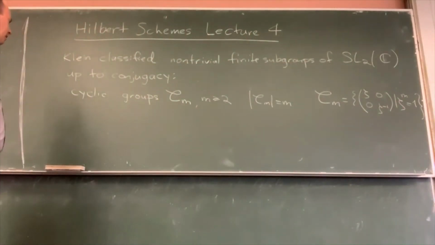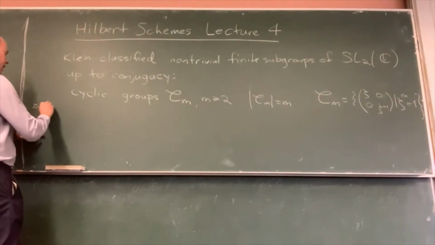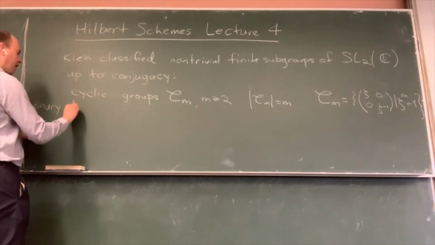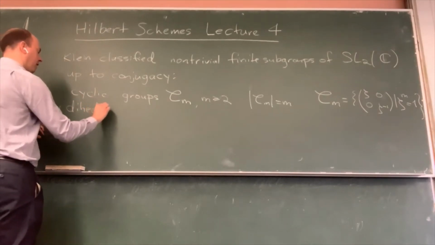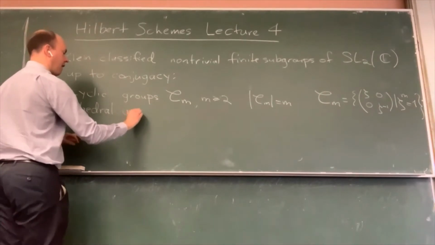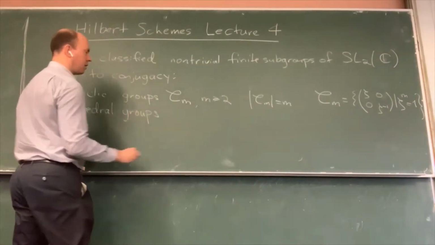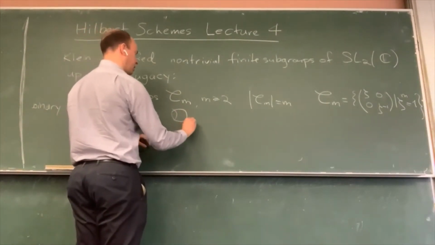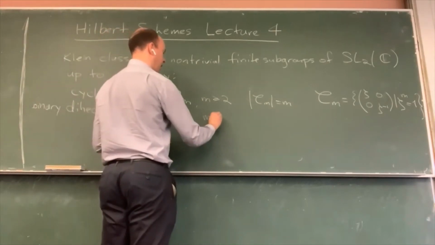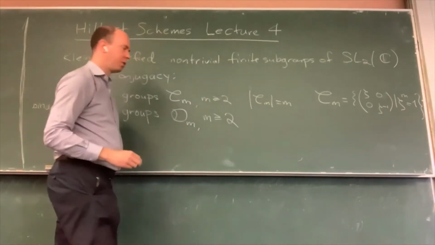And then there are the binary dihedral groups, which I'll call Dm for m greater than or equal to 2.